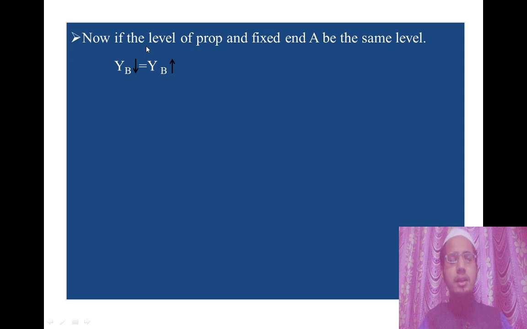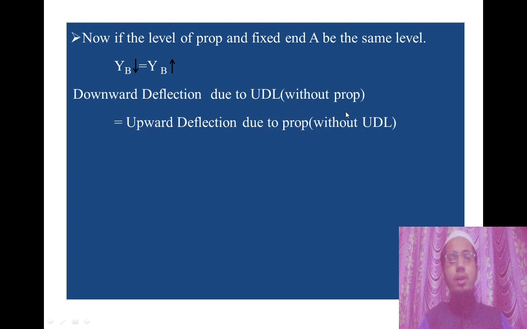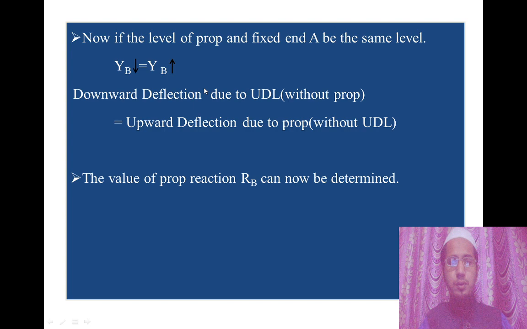In other words, the prop acts as a simple support, and we know that at a simple support the deflection is 0. So the downward deflection due to UDL without prop equals the upward deflection due to prop without UDL. By taking this principle, we can make the deflection zero at the prop support.